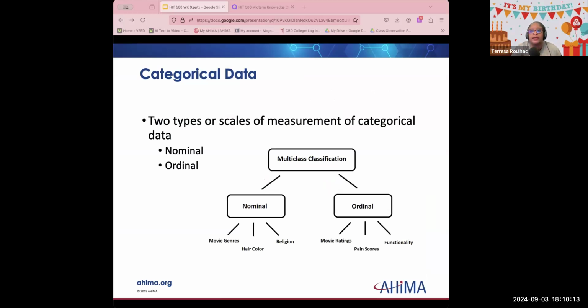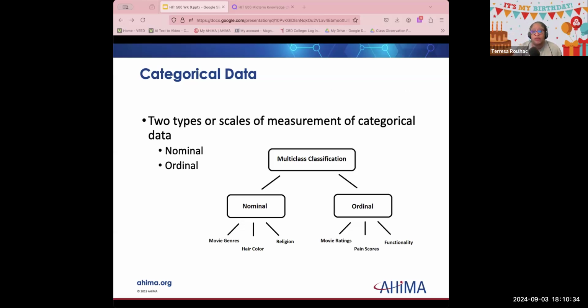We look at categorical data, where data is being sorted into different groups based on certain attributes, which is referred to as categorical data, putting things in categories. Two types: nominal, we've heard this before, and ordinal.